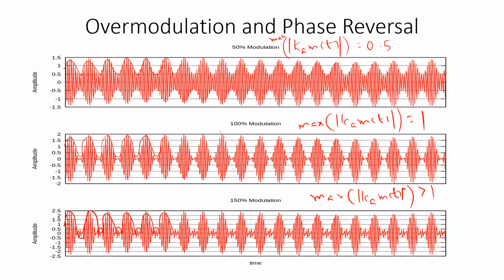We have even seen some of the basic terminologies related to mathematical modeling of standard AM. We will end the session here, and in the next session we'll continue from this point and see the spectrum of AM and standard AM generation and detection.